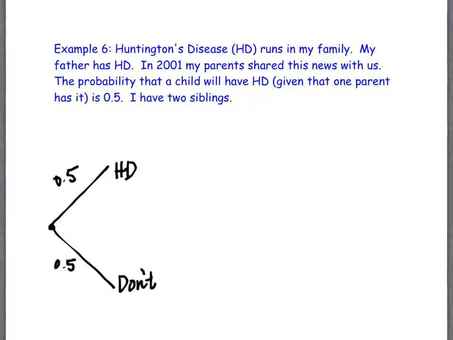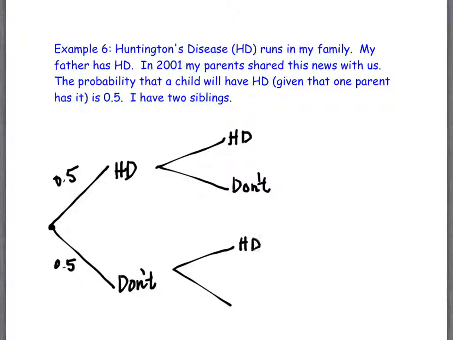My sister is the second child in our family. So these branches represent my sister. My sister either has it or she doesn't. And what are the numbers along those branches? Yeah, it's the same 0.5s, right?